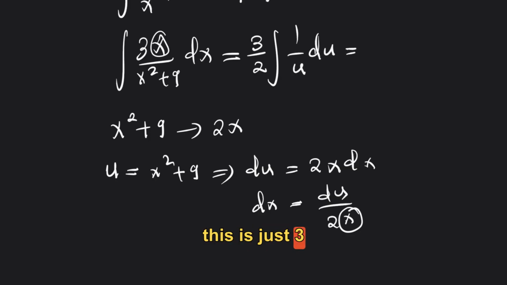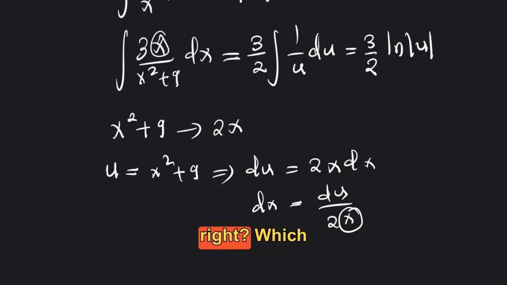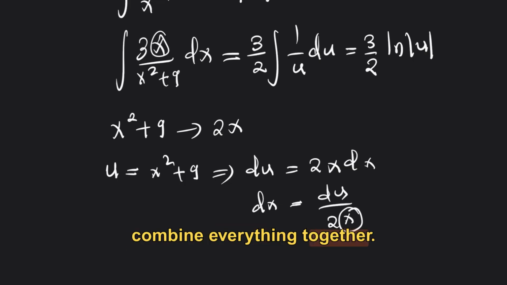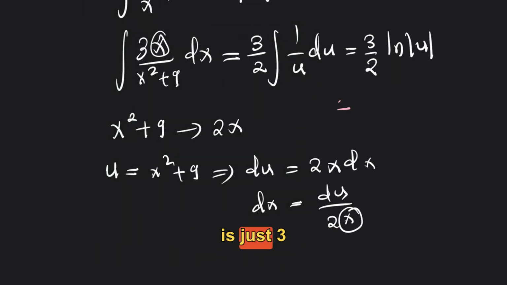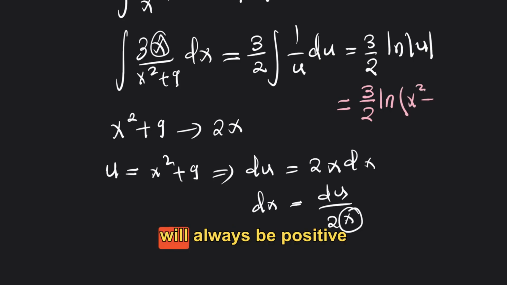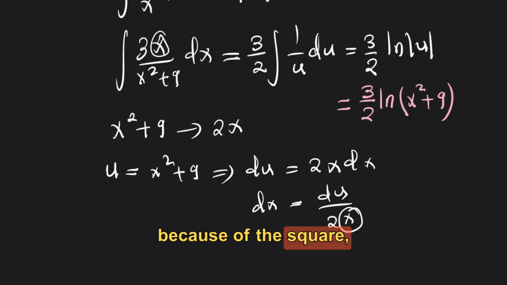This is just 3 over 2 the natural log of the absolute value of u, then plus the constant of integration, which we'll not write this time because we will combine everything together. But remember, we have an expression for u, so this is just 3 over 2 natural log of x squared plus 9. This will always be positive because of the square, so I don't necessarily have to write the absolute value.